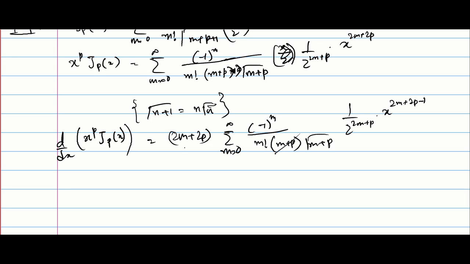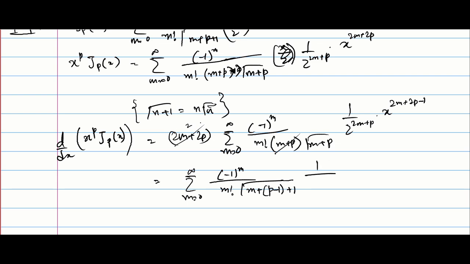So this factor will get cut and we'll be left with 2. Then we write it like m plus p minus 1 plus 1, the same thing as this one.